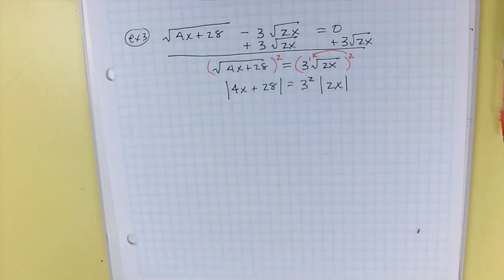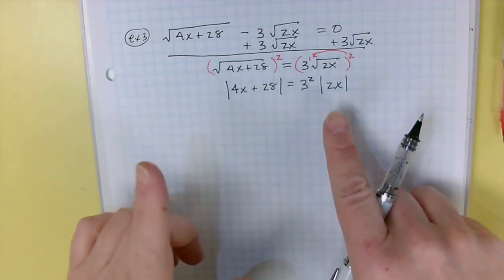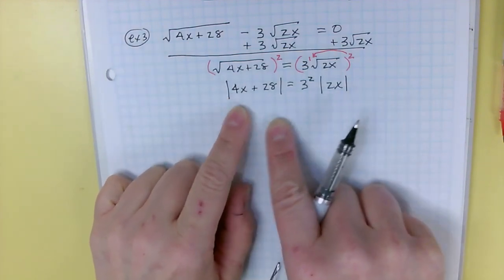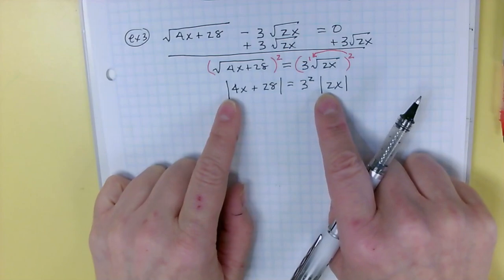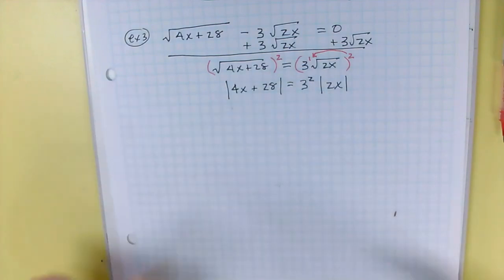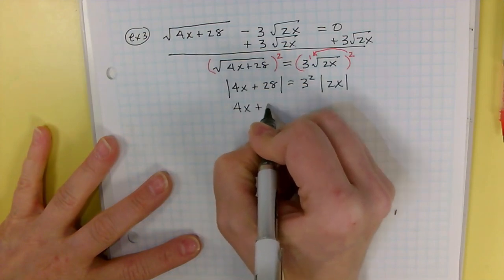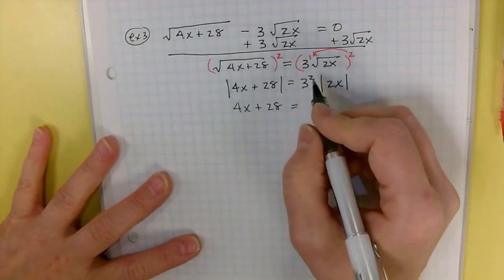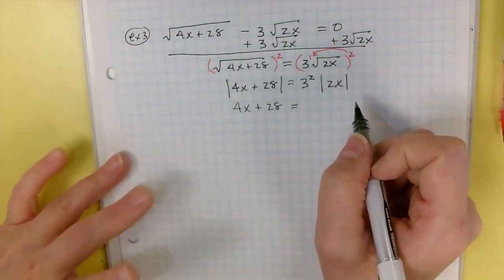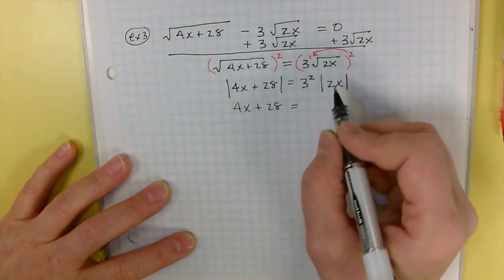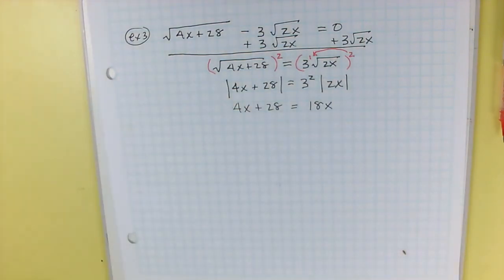Okay, so now we've got absolute value left, absolute value right. If x makes both of them positive, then we have a positive. If x makes both of them negative, the negatives will divide out. So in this case, we can do 4x plus 28 equals 3 squared, which is 9, times 2, so 18x.